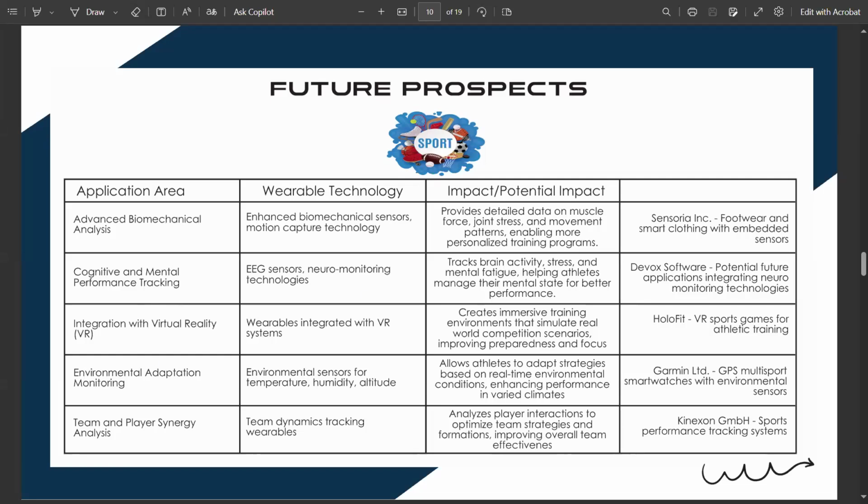For cognitive and mental performance, these are majorly in sports like archery and shooting. So EEG and neuromonitoring technology can track brain activity, stress, and mental fatigue, and they can enhance or optimize the athlete's performance just by tracking this data.